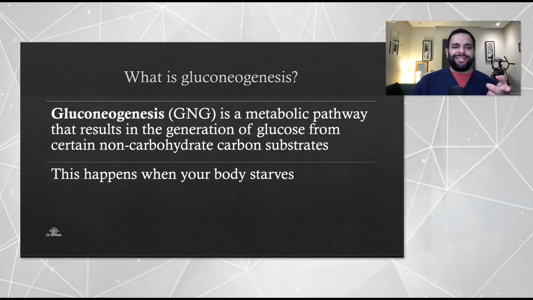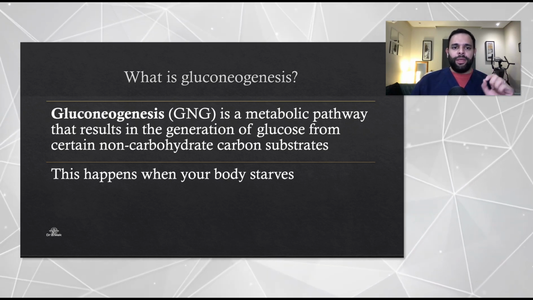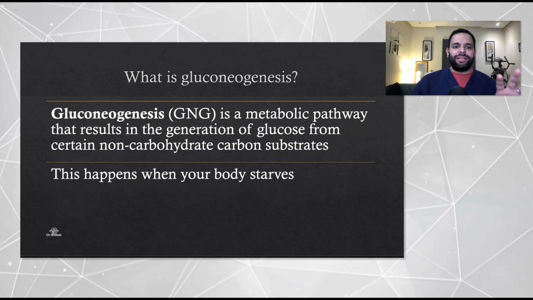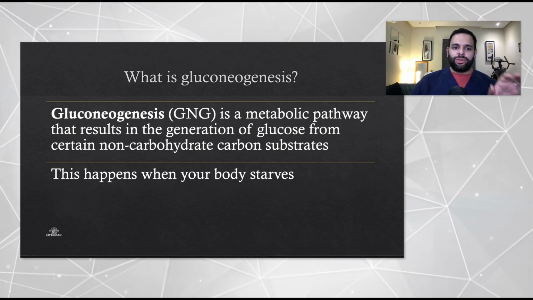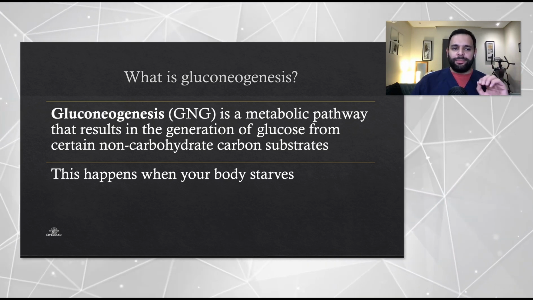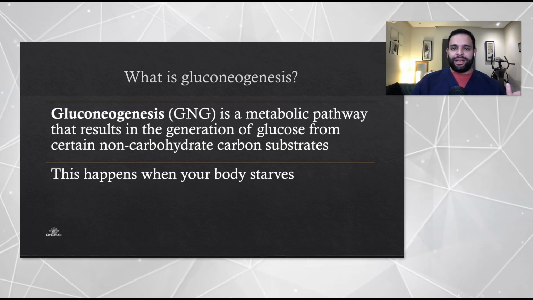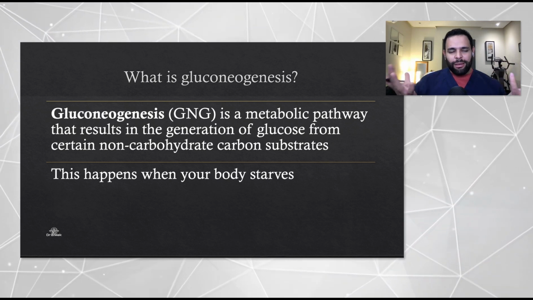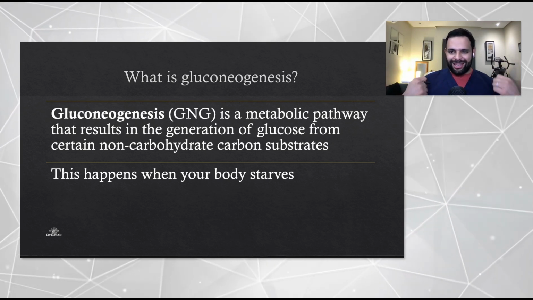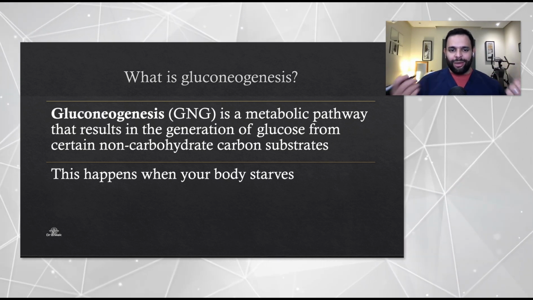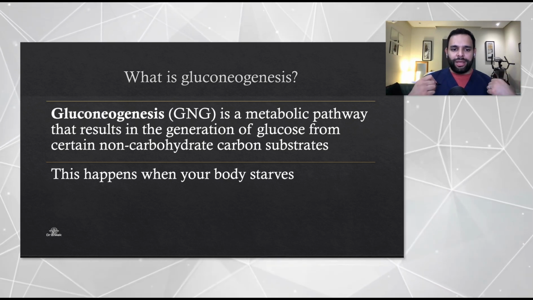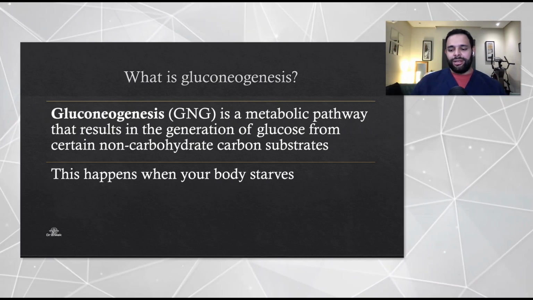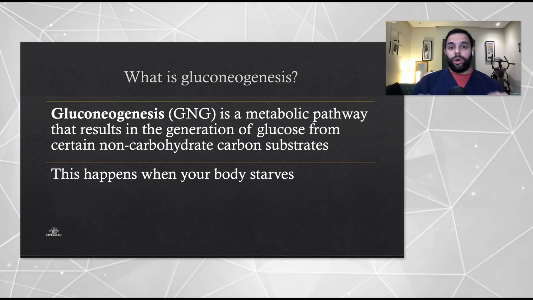So gluconeogenesis is a physiologic concept, and it is the metabolic pathway that results in the generation of glucose from certain non-carbohydrate carbon substrates. This happens when your body starves. So what if your body isn't actually starving but is incapable of recognizing nutrients because it can't process them, because the key to entering the cell is insulin, so insulin doesn't exist or doesn't work?